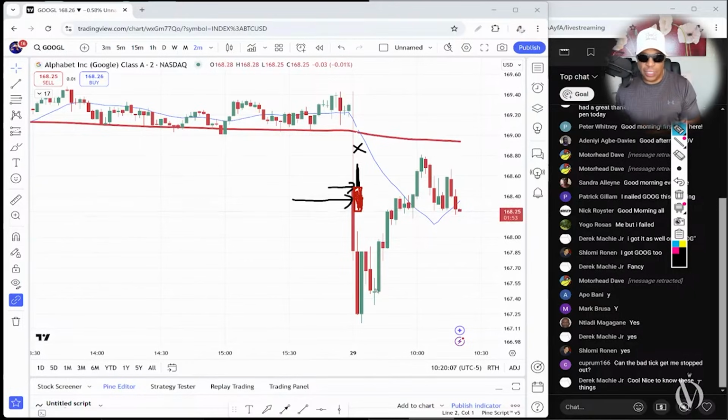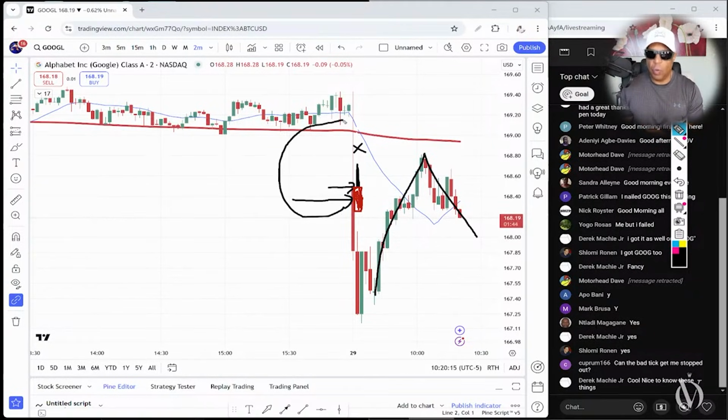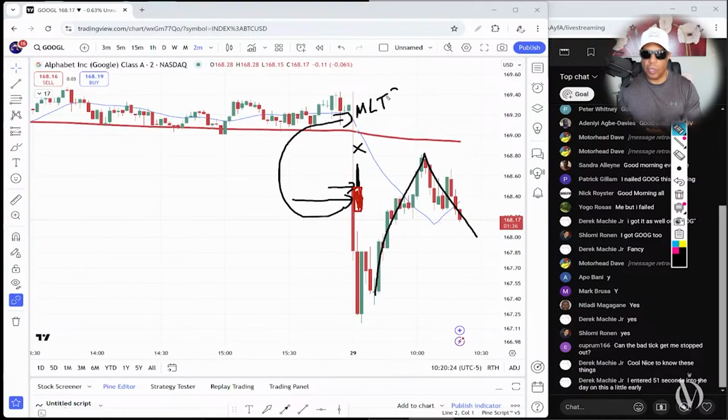As you can see, even with the stock coming back, the 200 helps you out here. My stop has to be over the 200. So I'm going to use a maximum loss per trade. All of you need a maximum loss per trade. Now, if that's $80, then you've got to work with that.